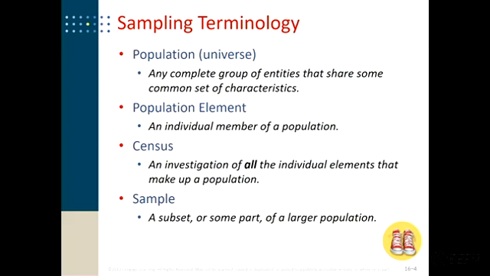And census, I think you are familiar with this term. Census means when we examine or investigate the entire population. But if we examine or investigate a sample, a subset of the population, then we call it sampling.